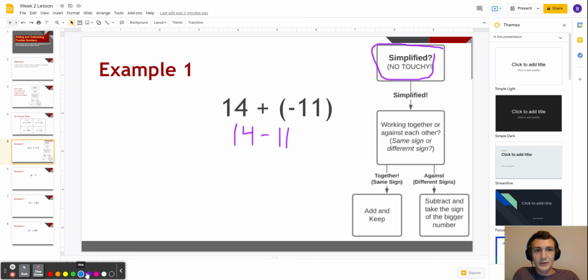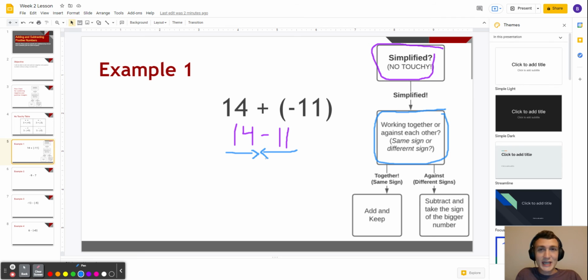Let's go ahead and do the next step, working together or against each other, in blue. The way we check this is we write the arrows. 14 is positive, so it goes to the right. Remember, positive numbers go to the right. And that negative 11 is negative, so it goes to the left. Now, are they working together, or are they working against each other?